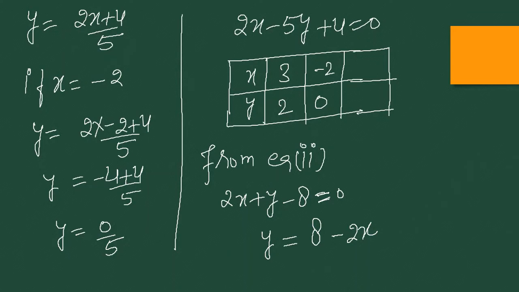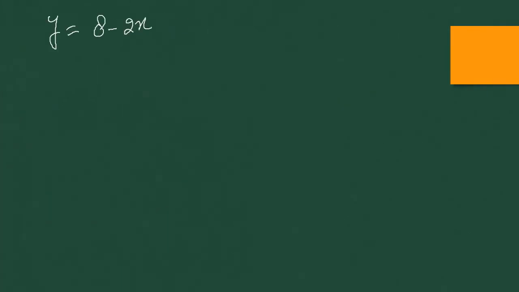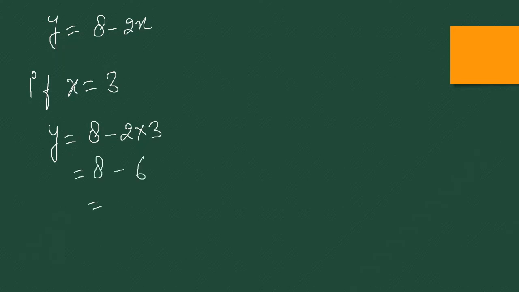Now for this second equation we'll find some values. As I explained earlier, try to keep the same values as we have taken in the previous case, if they are easy to calculate. If they are not easy to calculate, you can use new values. So here I want to take the same value, that is 3, so y is equal to 8 minus 2 into 3. So 8 minus 6, it will be 2.